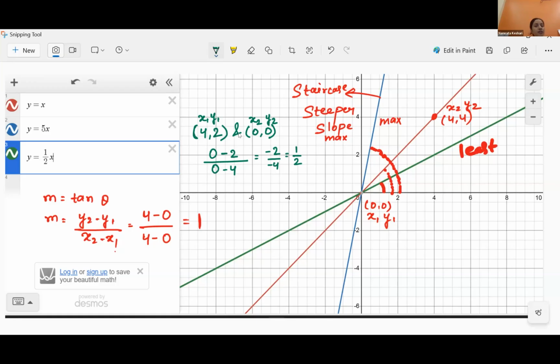You can clearly see the green color line slope is smaller than the red line, which we could have decided by checking the steepness of the line. And for the blue line, we were just now checking in the graph paper with the help of the software.